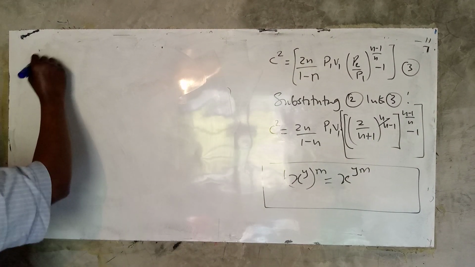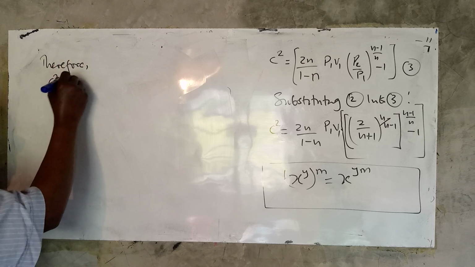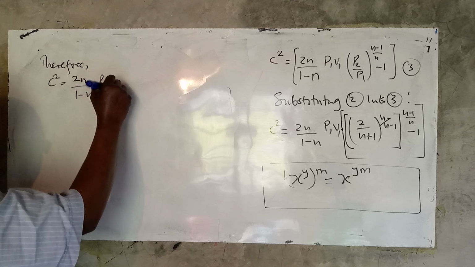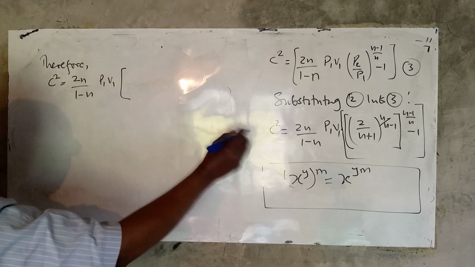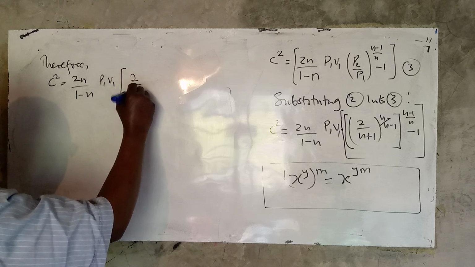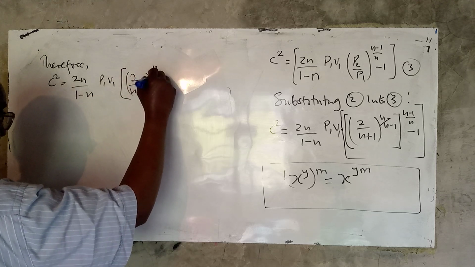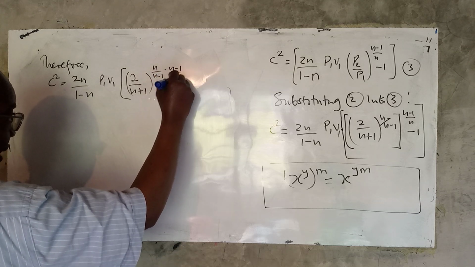Therefore, c squared equals 2n over (1 minus n), p1 v1, into 2 over (n plus 1), raised to n over (n minus 1) times (n minus 1) over n.